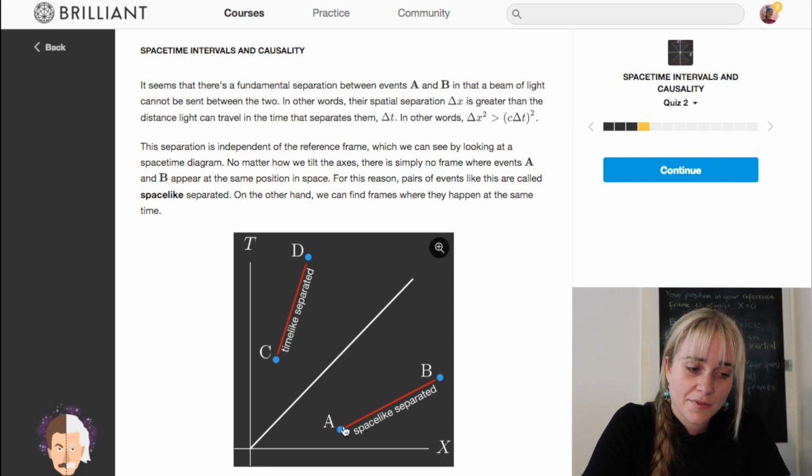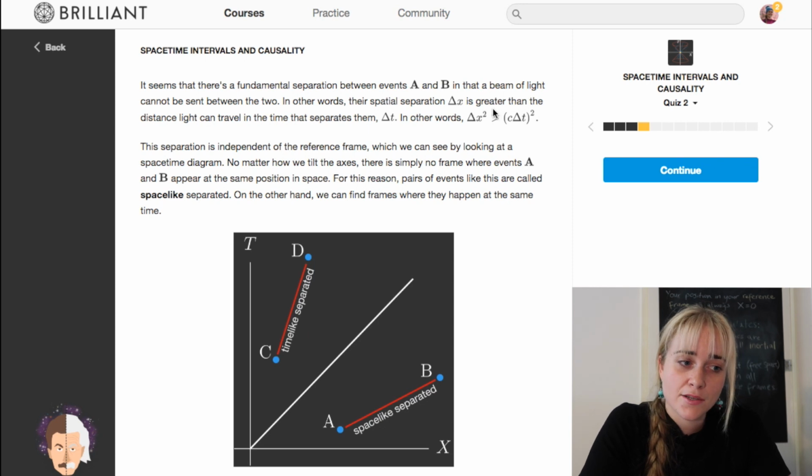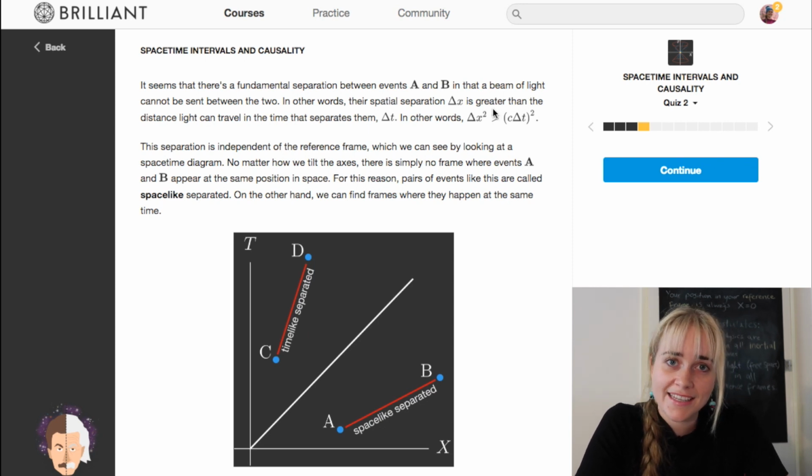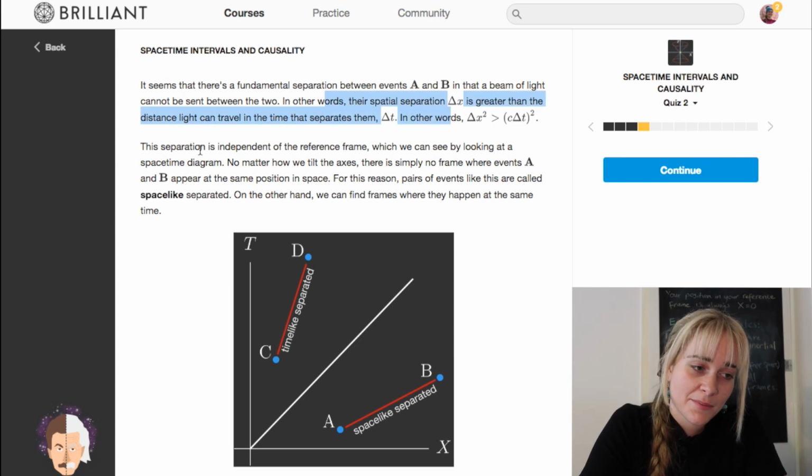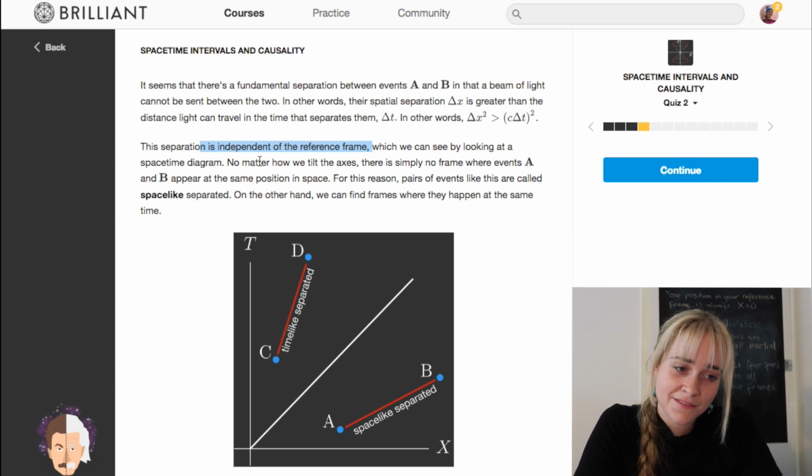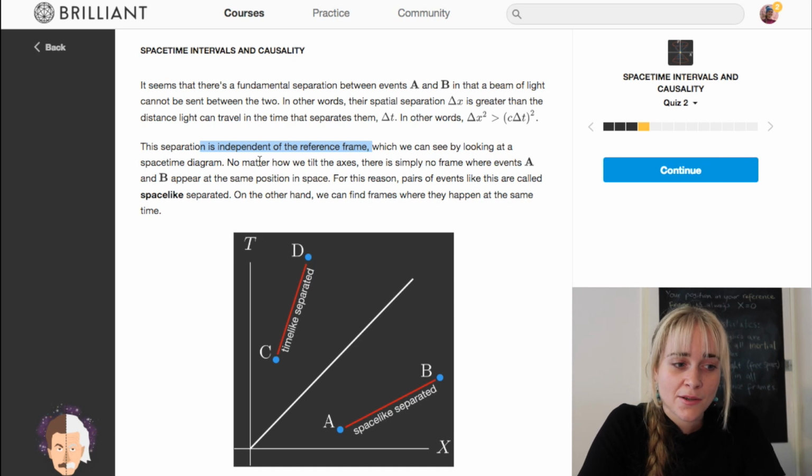So their separation in space is greater than the distance that light can travel in the time that separates them. So this separation is independent of the reference frame. No matter how we tilt the axis or what speed a reference frame is going at relative to them, there is no frame that exists where A and B could appear at the same position in space.